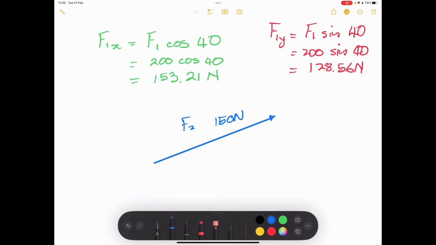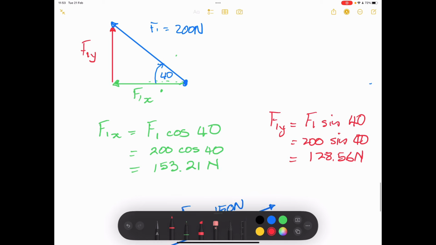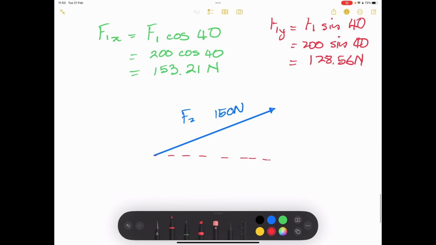And what we do know is that it was elevated in this case by 25 degrees from the horizontal. So there's our F2y, and that is going to be our F2x.